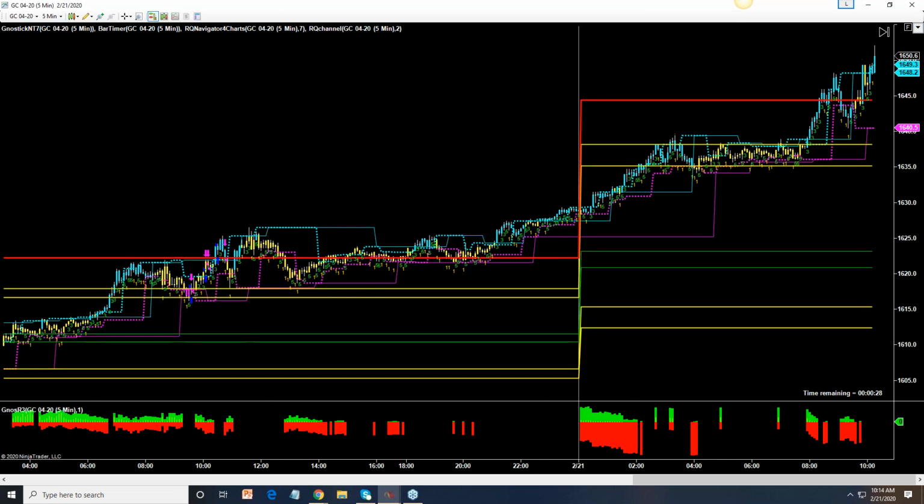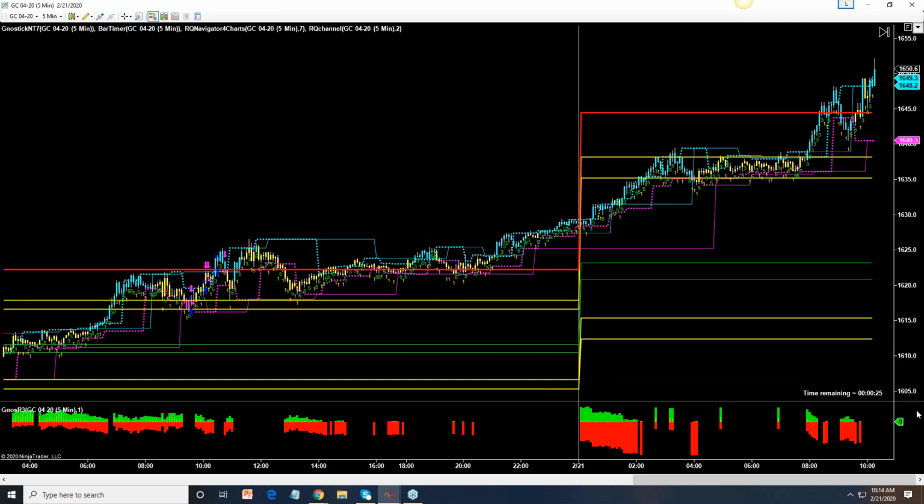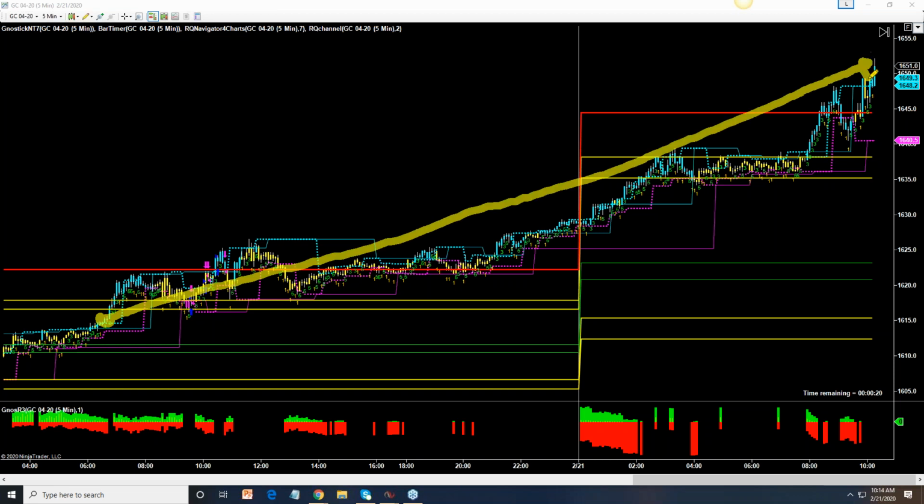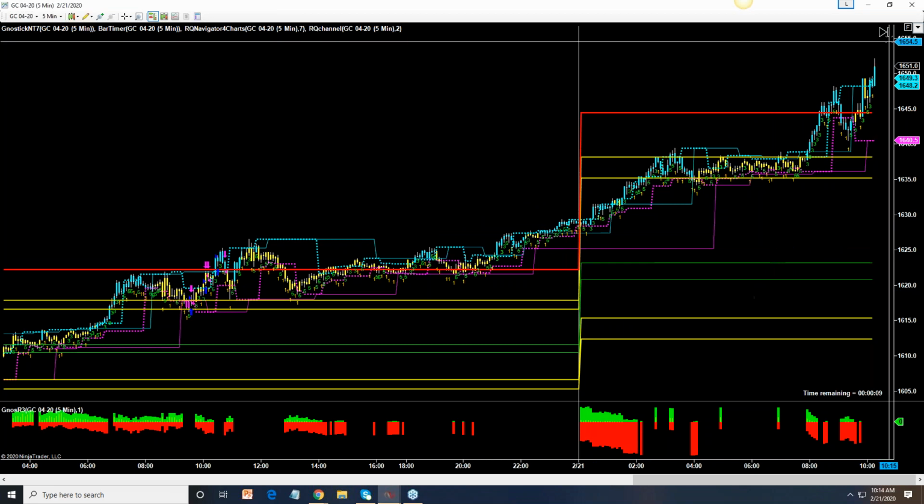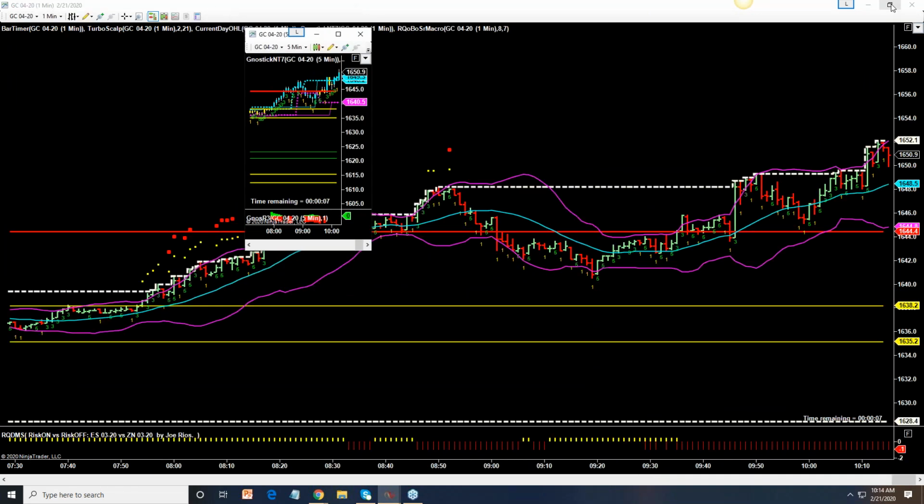Actually, it's about $4,000 since Wednesday morning at 6. There's the breakout in the bull. That's a $4,000 move, guys. So you can use these levels. You can use these channels for position trading as well. Myself, I like to day trade.